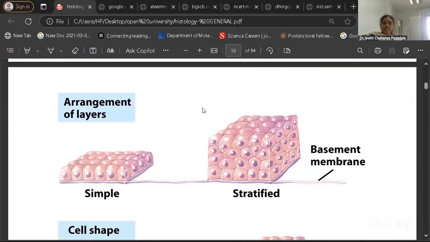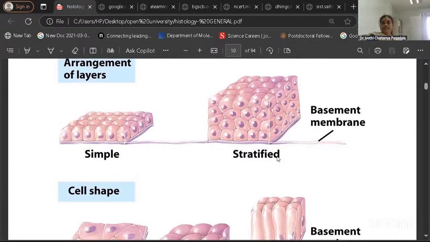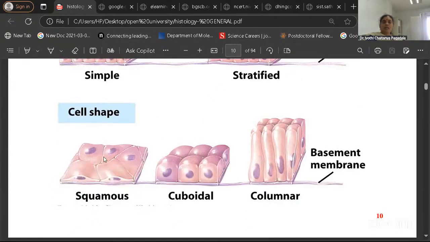Here you can see the shape of cells with the simple epithelium, and in the stratified epithelium you can see the base of the membrane. Here, in the arrangement of layers, you can see a single layer and multi-layered. When coming to cell shape, the cell shape is squamous, cuboidal and columnar.